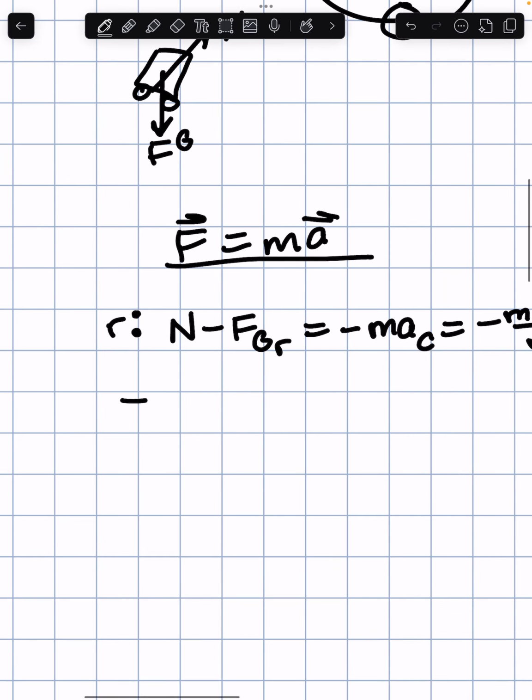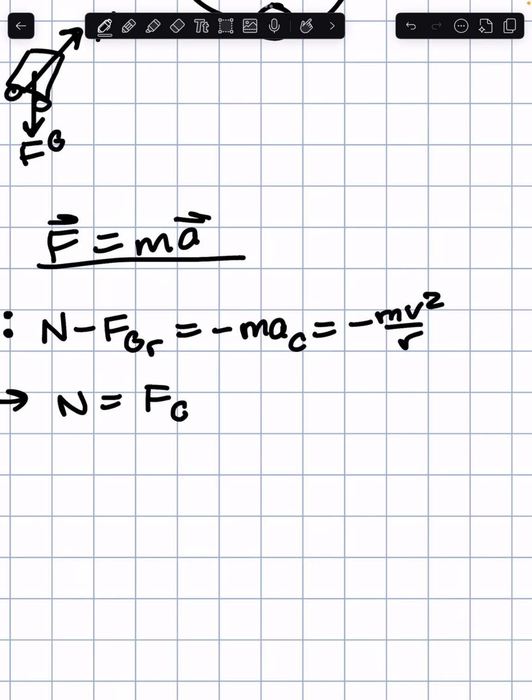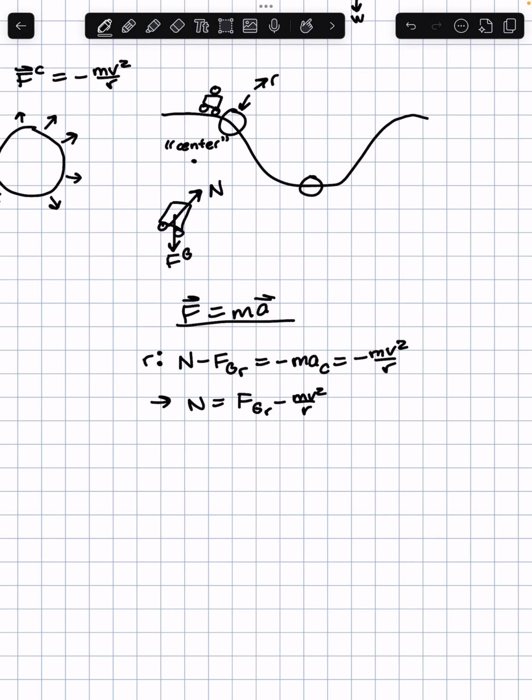So if I want to calculate the normal force, I can rearrange this to be Fg radial minus mv squared over r. And this should make sense to us. If you've ever gone on a roller coaster, the normal force, or how much the seat is pushing up on you, will change depending on how fast you're going down that hill. The faster you go, the less normal force there is.